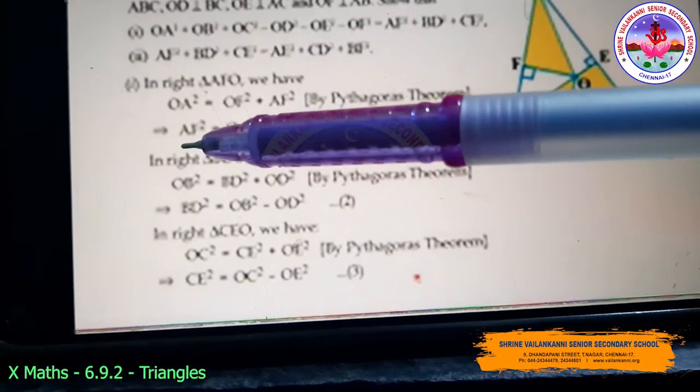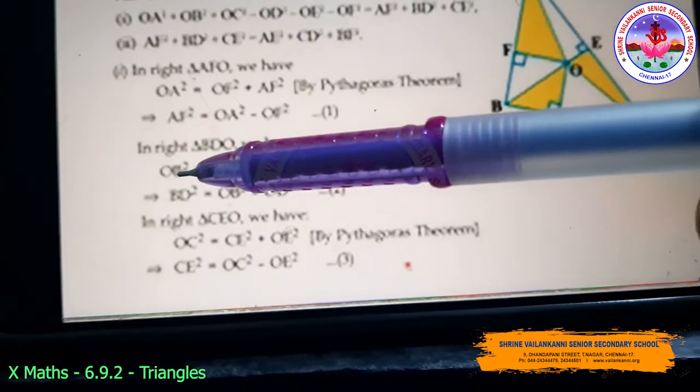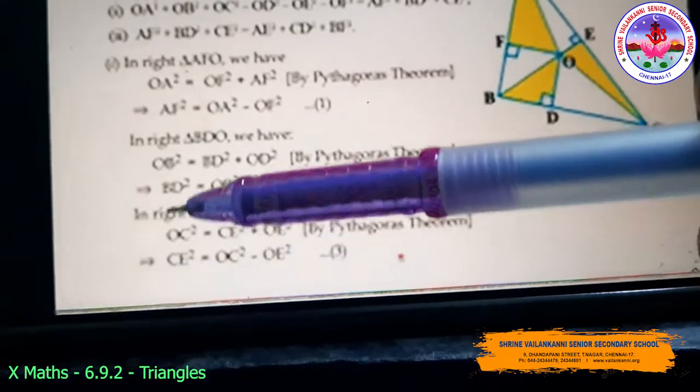Now we are going to add equation 1, 2 and 3. We get the left hand side AF square plus BD square plus CE square, and the right hand side which is equal to OA square minus OF square plus OB square minus OD square plus OC square minus OE square.